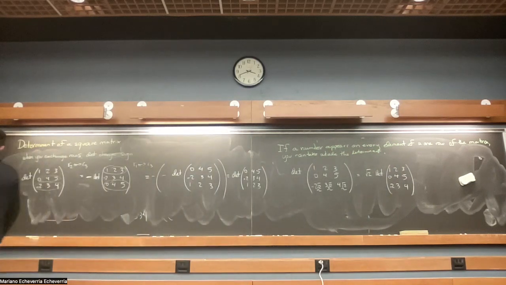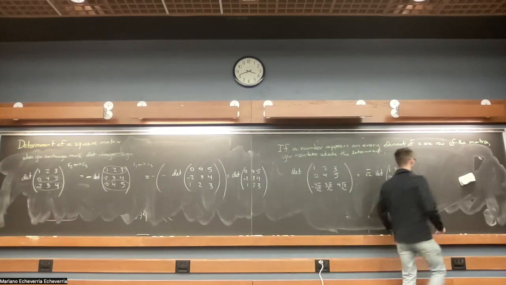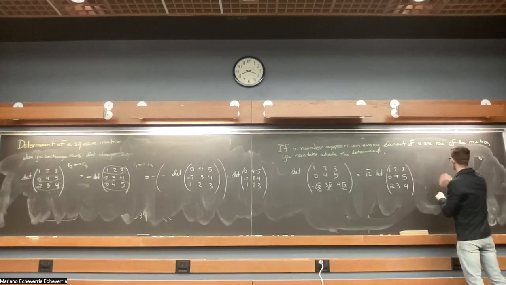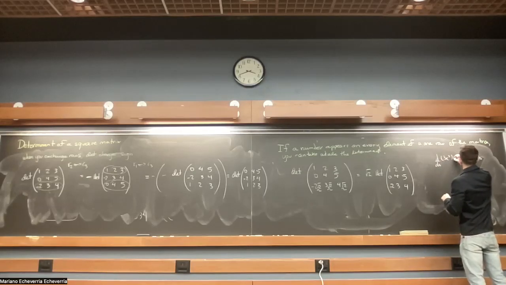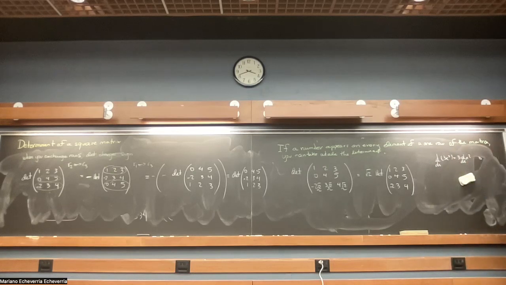This is analogous to, hopefully most of you have taken calculus, the derivative of 3x squared, which is 3 times the derivative of x squared. You can pull constants out of a derivative, and the determinant is just like one constant per row. That's how you should think about it. Does that make sense?